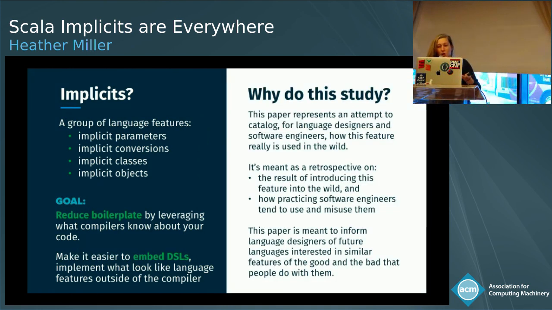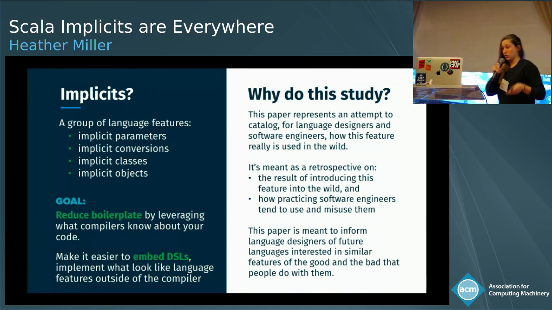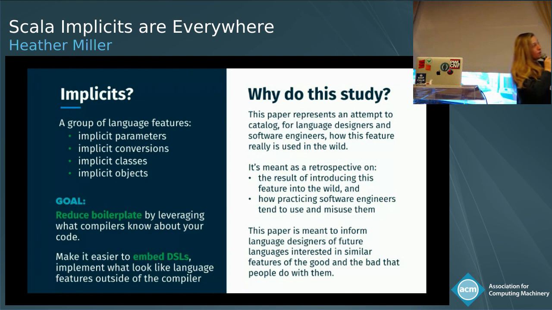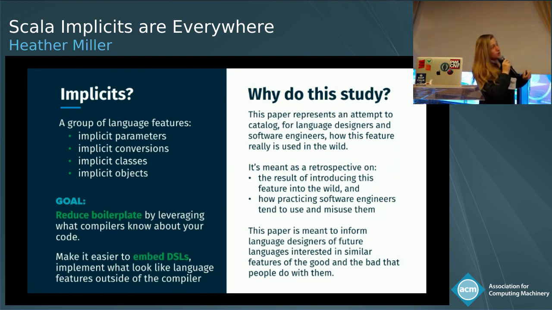And so you might ask, all right, we did this large-scale empirical study where we crawled around and got a bunch of examples of what people do with implicits. You might say, well, why do this? This isn't the sort of thing that you usually see at a programming languages conference, and we did this because we think it's important to make a catalog, or to have a retrospective for language designers and software engineers, on how this language feature was actually used in the wild.